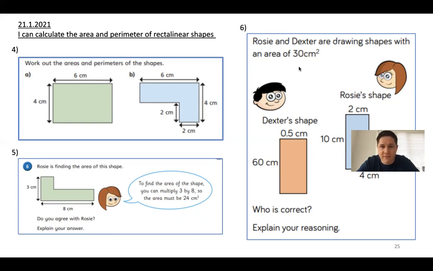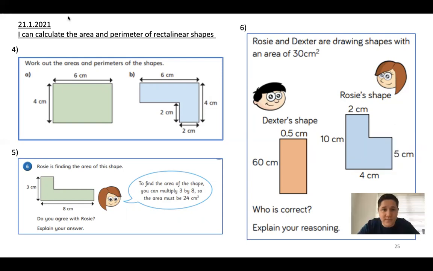So the area needs to be 30 centimeters squared. Who do you think is correct? Explain your reasoning. You might need to work out what the area would be of these two shapes to do that. Have a look at those and see what you think.